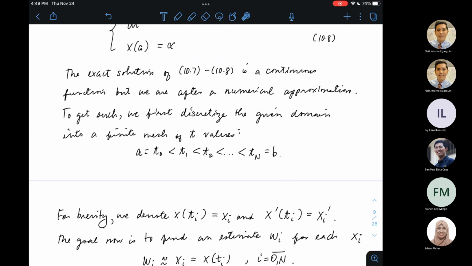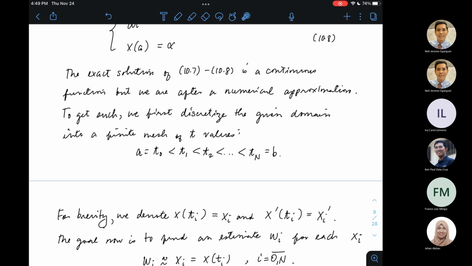And the idea is, hindi na tayo ngayon naghahanap ng isang function. Sa traditional ODE approach by hand, ang hinahanap natin ay isang function na nakakasatisfy ng differential equation plus the initial condition. But in the machine implementation of the solution to this ODE, we'll be looking for a bunch of numbers. And what do those numbers represent? They represent the function values of the solution X dito sa mga discretization points.